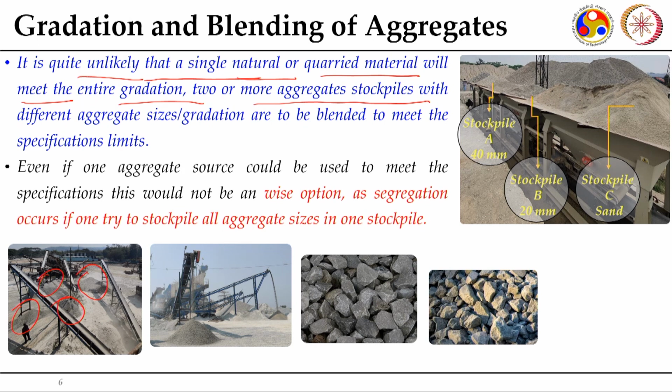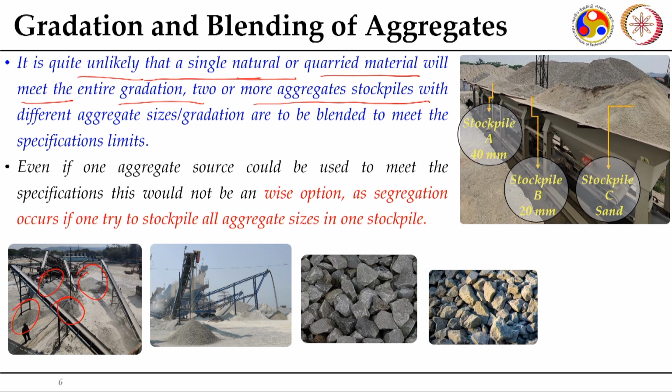There may be an aggregate which may be called a 20 mm, where most of the material passes through 1 inch and most of the material is retained on 3/4 inch. So it can be called a 20 mm aggregate, 10 mm aggregate, 6 mm dust, and so on.